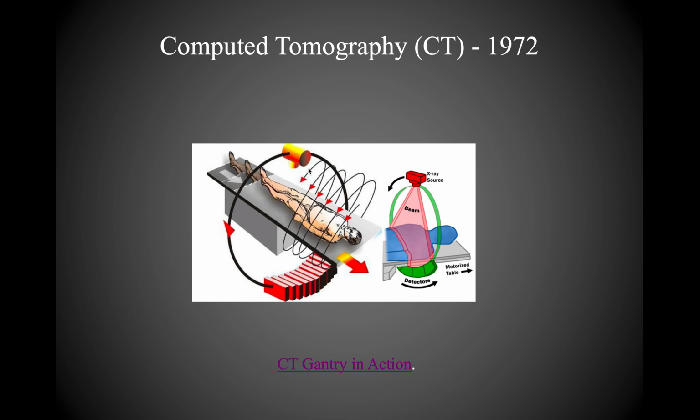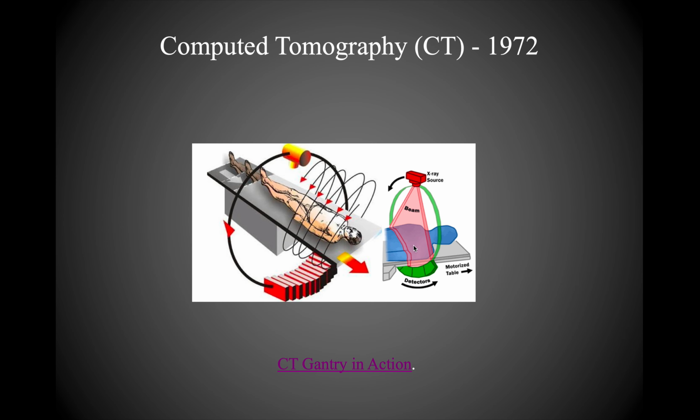So you have an X-ray beam located here, which is able to rotate around in a full 360-degree circle. And located on the opposite side of the X-ray beam is a large array of detectors. The detectors and the beam rotate simultaneously so that the beam is always on the opposite side from the detectors.